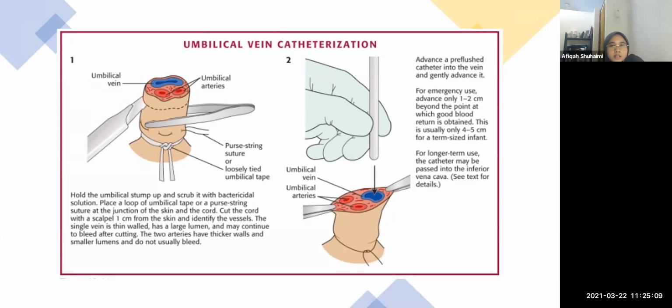Then cut the cord with a scalpel 1 centimeter from the skin and identify the vessels, so we can differentiate between the vein and the artery.